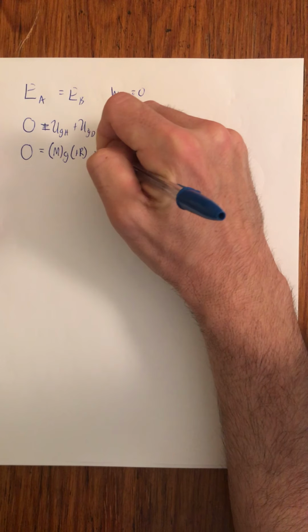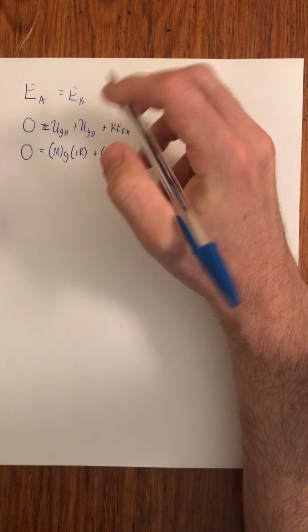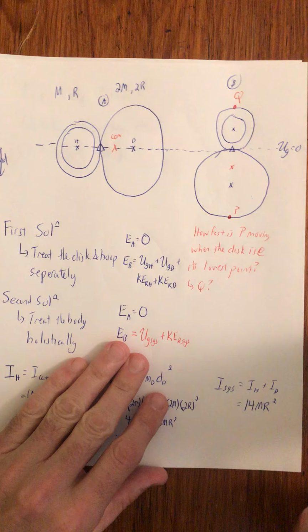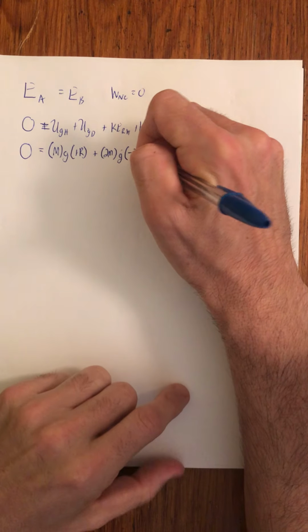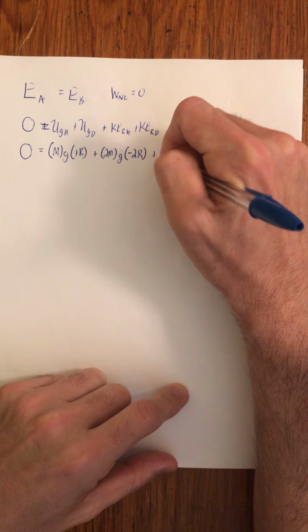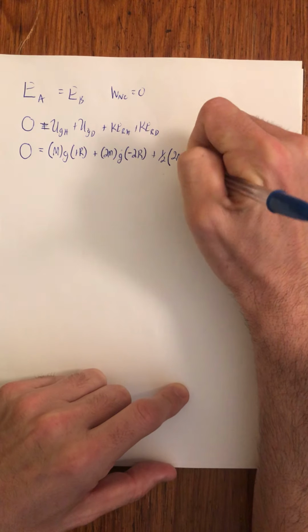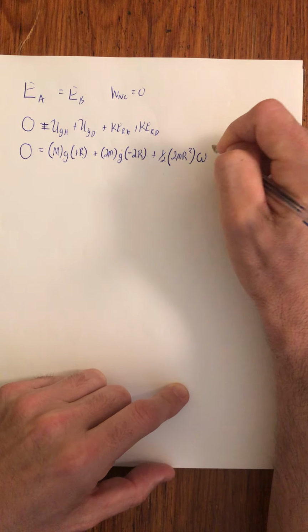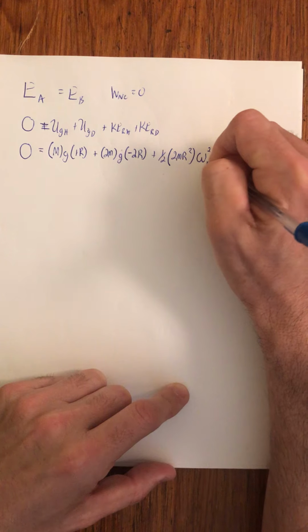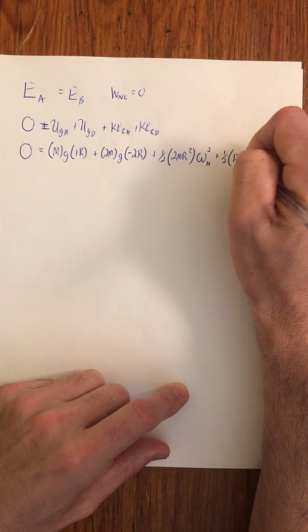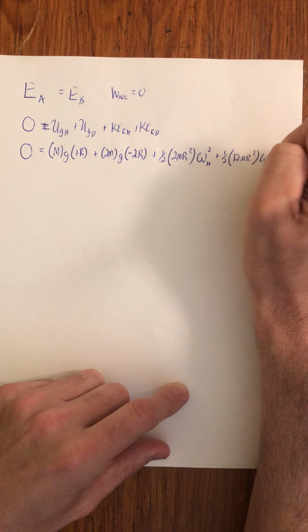Now for the disk, we're going to have 2m, because that's the mass of the disk, times g, times the position of the center of mass of the disk at the position I care about. It's at negative 2r, because it's below the U_G line, plus 1/2 I of the hoop, which we found out is 2mr squared, omega of the hoop squared, plus 1/2 12mr squared, omega of the disk squared.